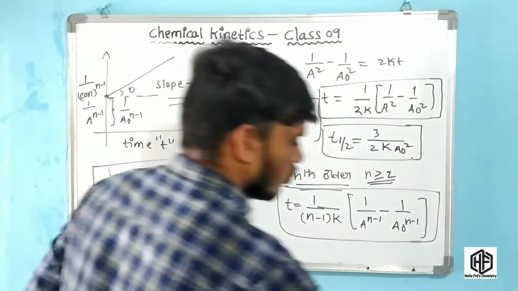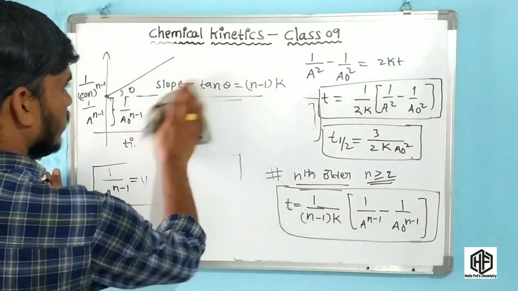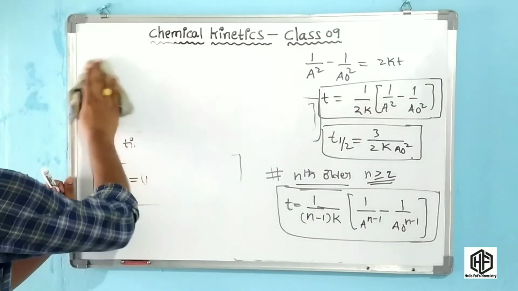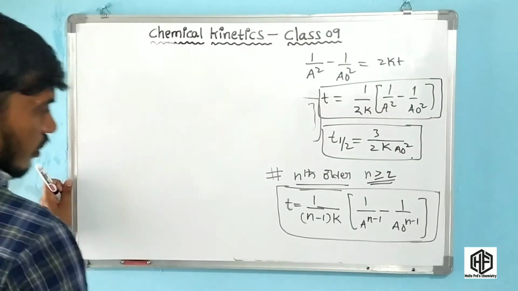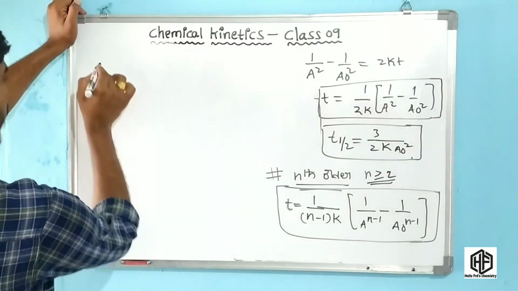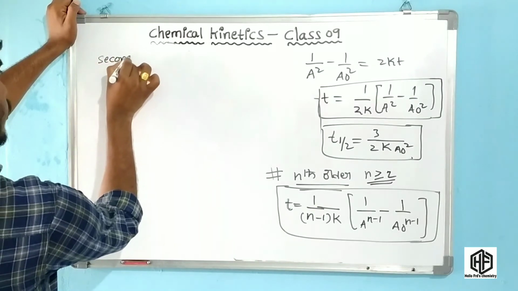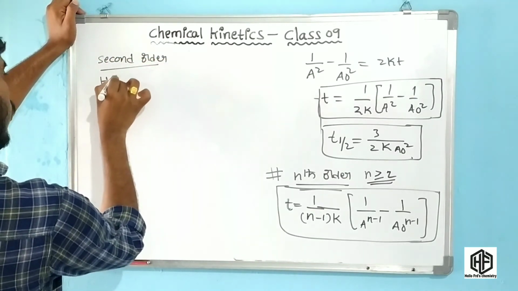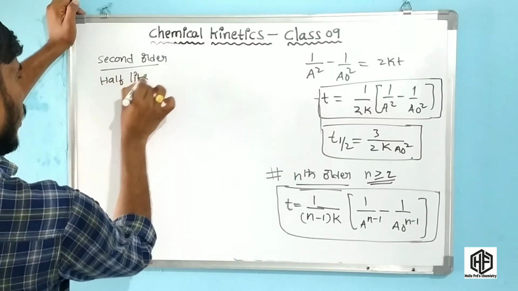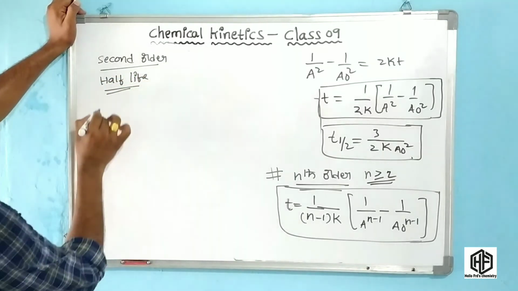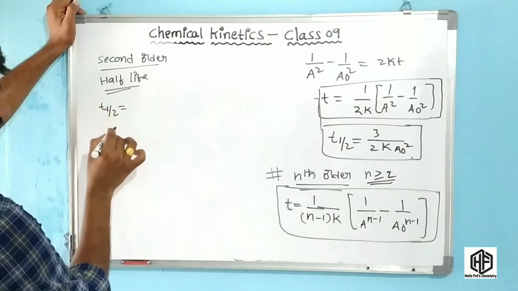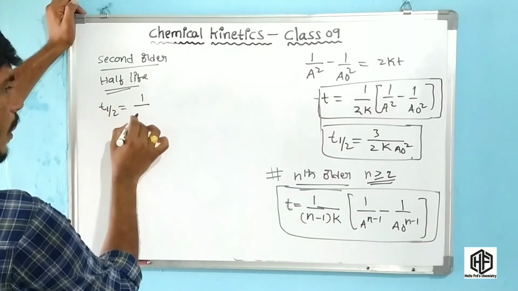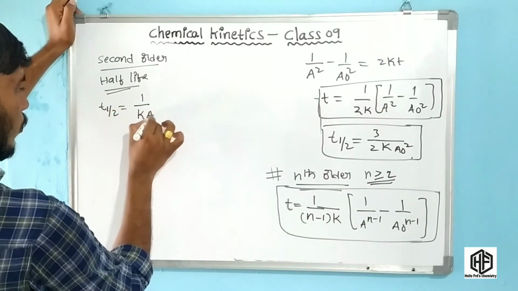Now finally, I am going to talk about the half-life of nth order kinetics. In second order, the half-life is T half is equal to 1 by K into A naught.